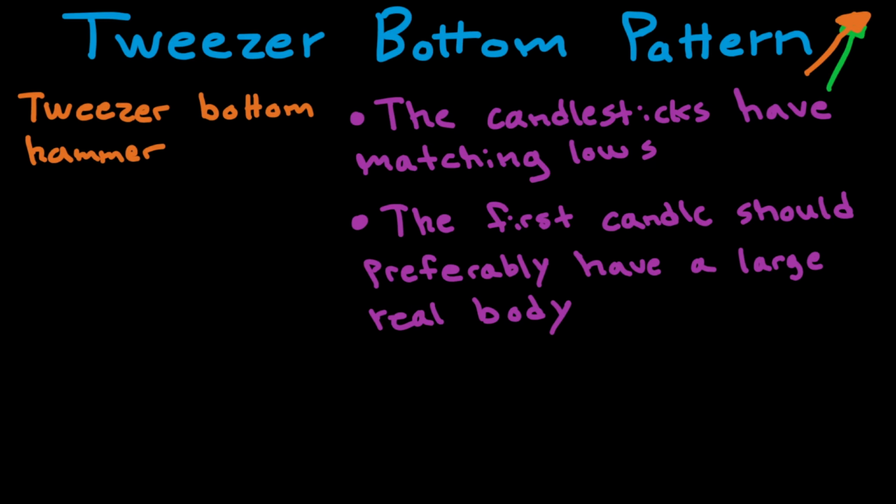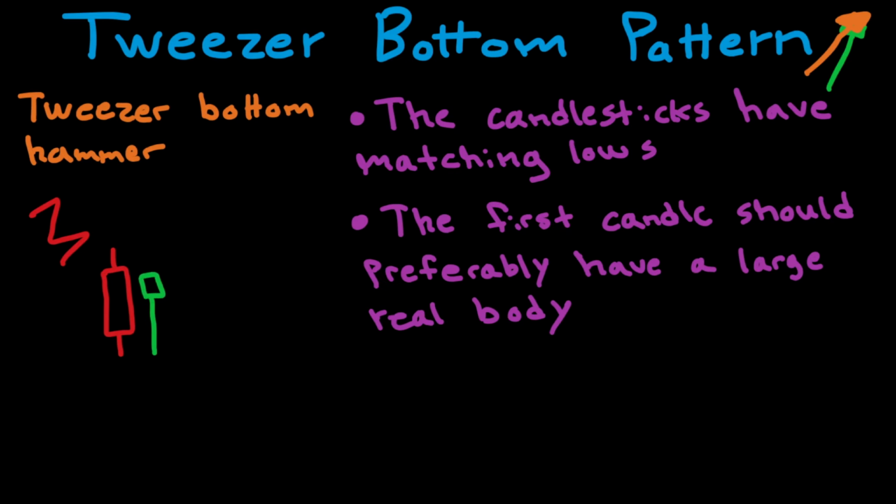The tweezer bottom pattern consists of, preferably, a bearish trend prior to it. The first candle should preferably be a red one with a large real body. It might look something like this. And then a hammer appears right here.